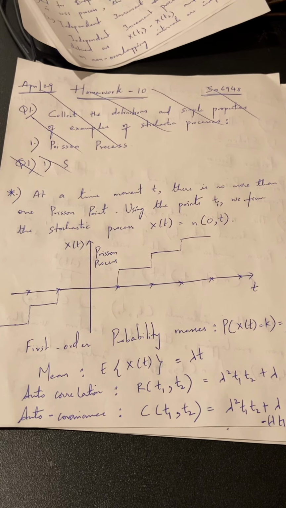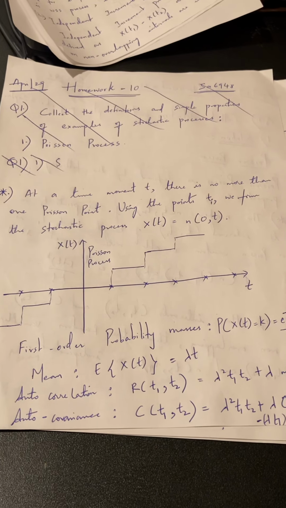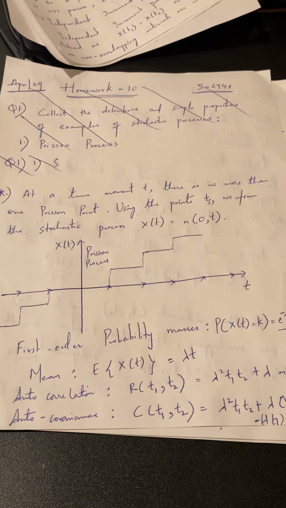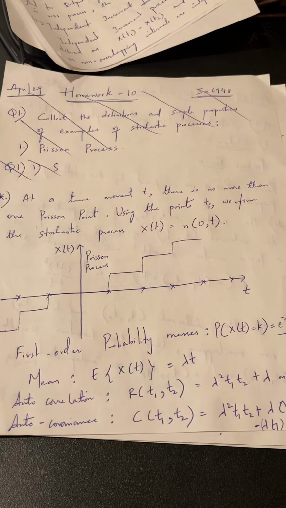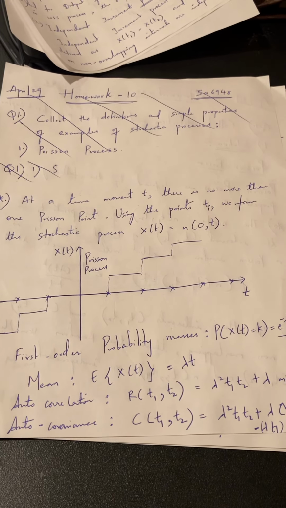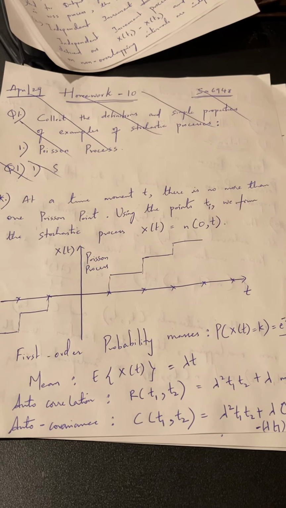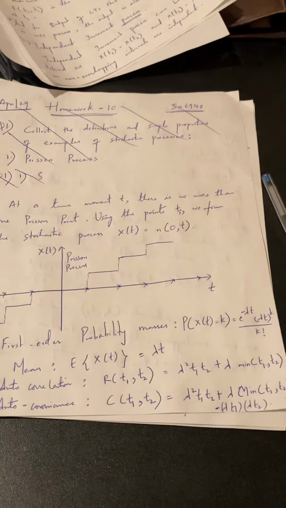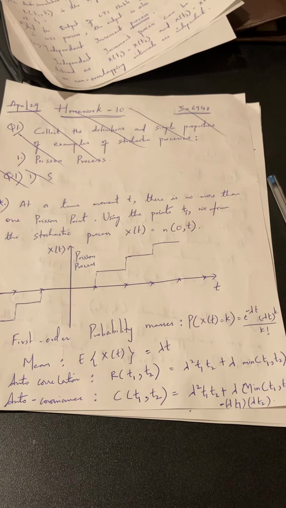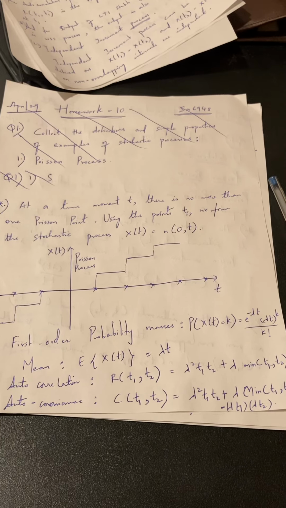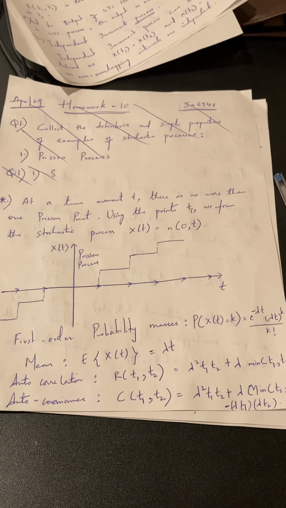The third property states that at a moment t, there is no more than one Poisson point, so the points ti, we can form a stochastic process x(t) equal to n(0, t). I have written down the first order probability masses, P(x(t) equal to k) as e to the power minus lambda t, lambda t to the power k by k factorial.